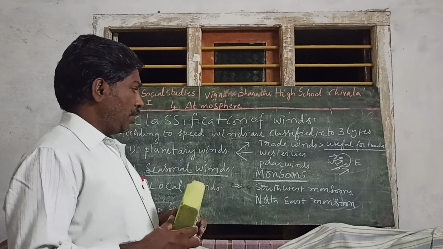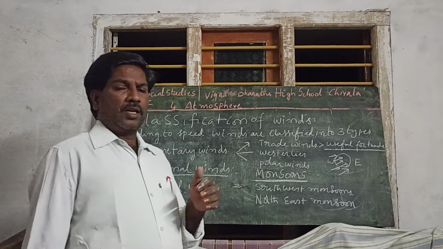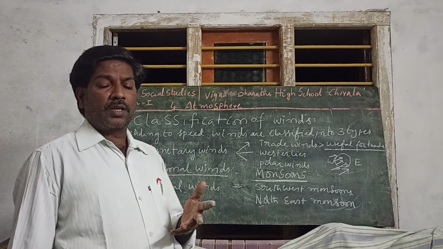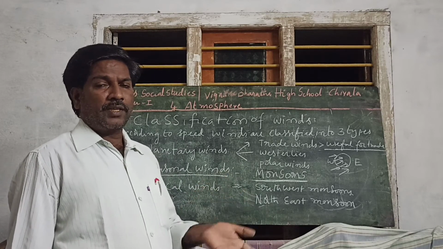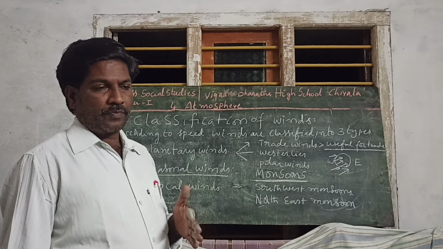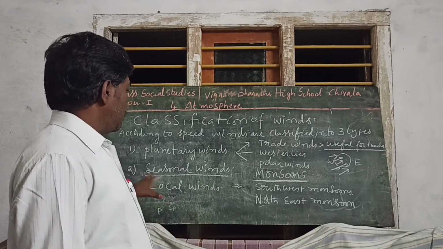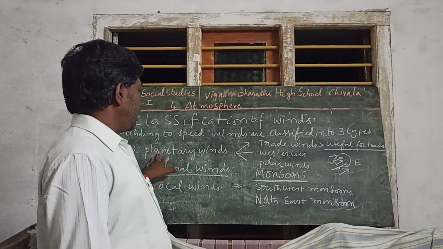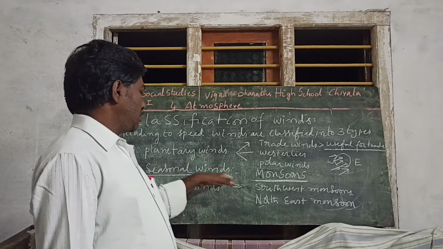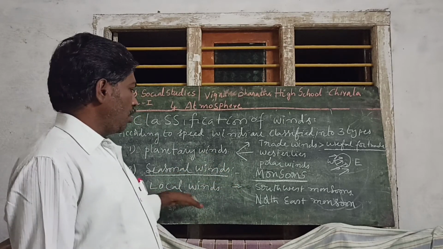So there are two types of monsoons. In Australia also monsoons are there, and rain comes there due to monsoons only. So finally I explained planetary winds, next seasonal winds, and next local winds.